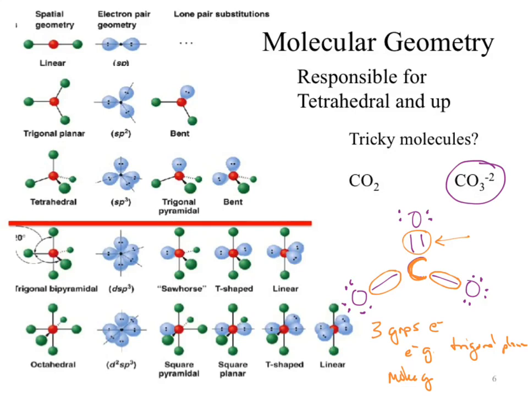We would go into our trigonal planar category and decide, okay, that one extra case is saying we have a lone pair of electrons or a non-bonding pair of electrons on our center atom. Do we have that? Nope. So what is the geometry? It's exactly the same as our electron geometry. It's trigonal planar. Okay. Questions?